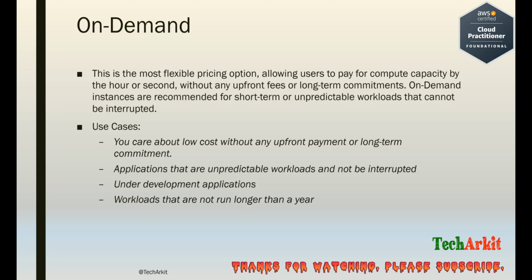Just run an EC2 instance and gather some statistics. Based on that, you can later set up predictable workloads. But to start with, you can use on-demand pricing: bring up an instance, utilize it, and pay for what you use.